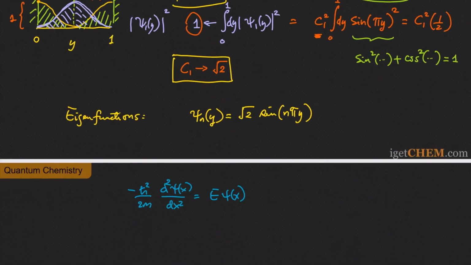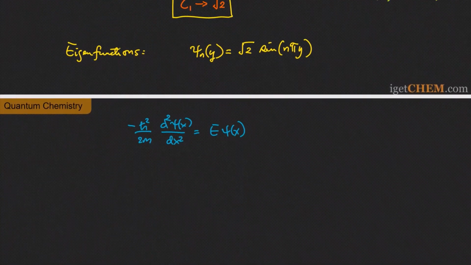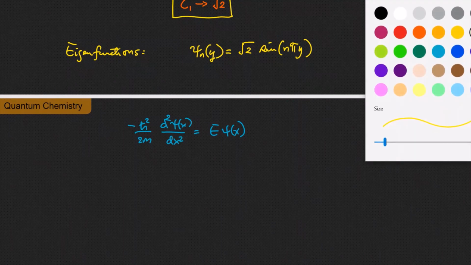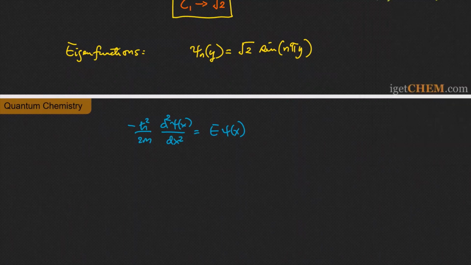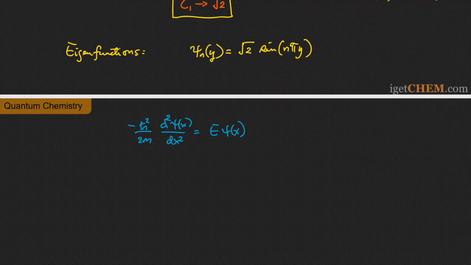So now I can rewrite the Schrodinger equation in terms of the coordinate y instead of x, using this relationship that L times dy is equal to dx.